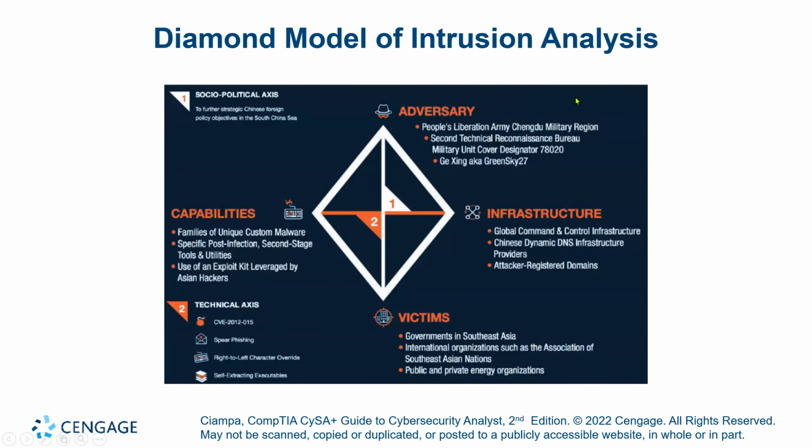So this is the Diamond Model of Intrusion Analysis. So you have, one, the adversary. This one's using the People's Liberation Army, and some other things. Capabilities: families of unique custom malware, post-infection second stage tools, and then they have a use of an exploit kit leveraged by Asian hackers.